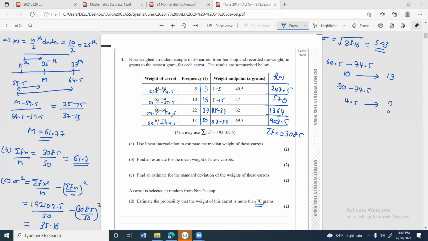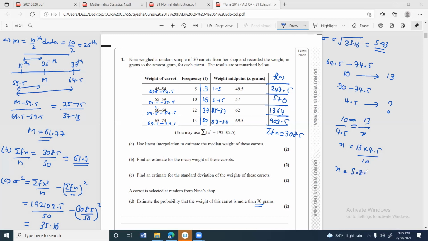Under that approximation, we can say for a gap of 10, if there are 13 carrots, for a gap of 4.5, how many carrots can we expect? We can work out like this. You can use cross multiplication: 13 into 4.5 divided by 10. Then x becomes 13 into 4.5 divided by 10, which would be 5.85.